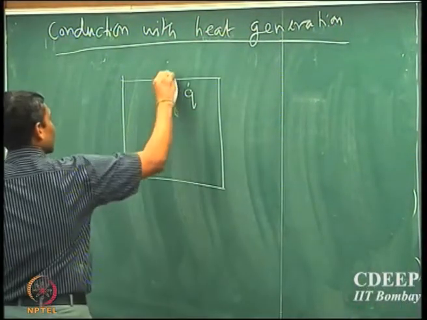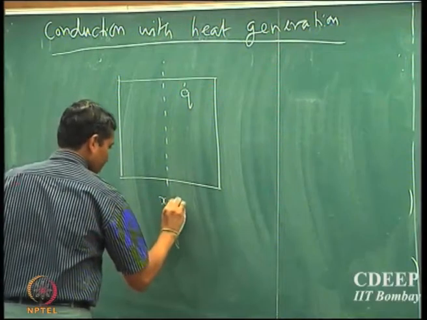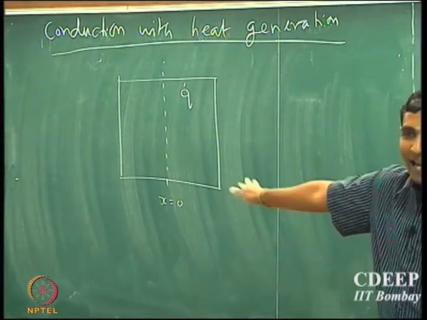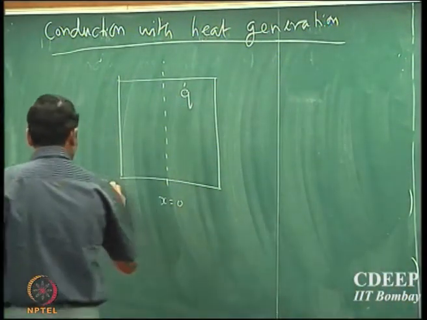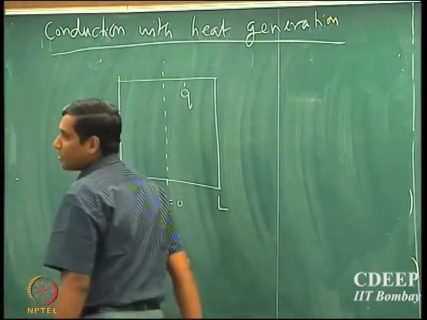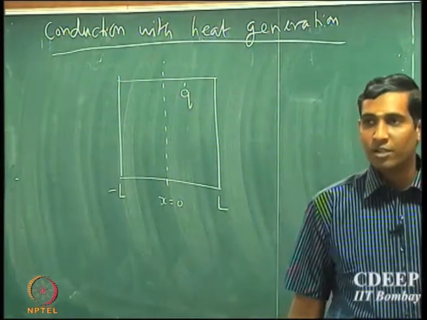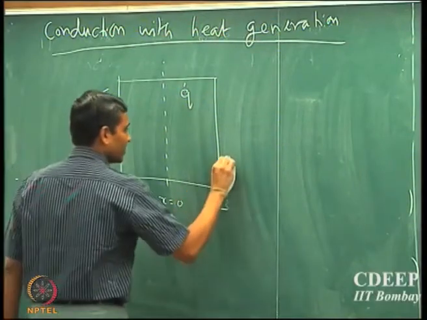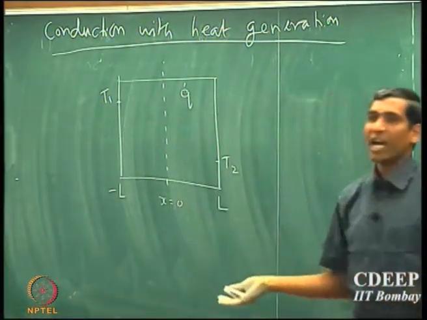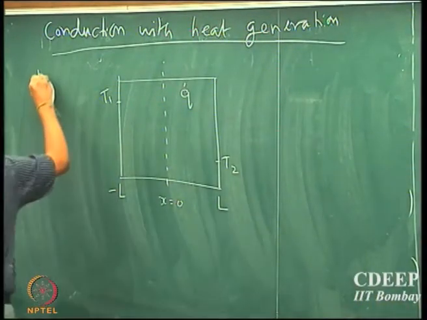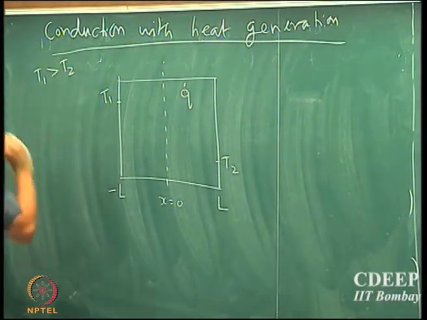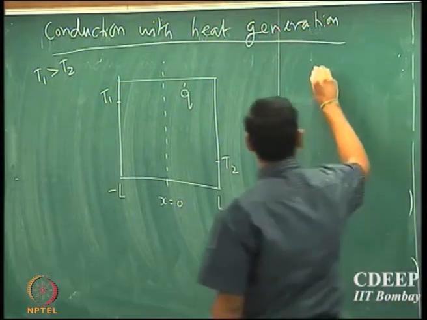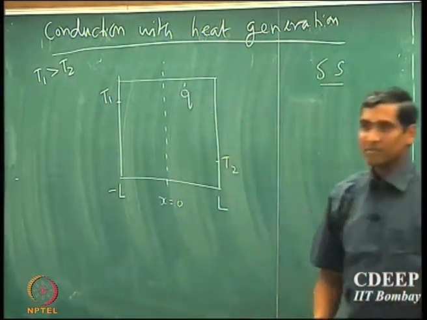Just for convenience, I define the midpoint as x equal to 0. You will see in a short while why I did that. Let us say that plus L and minus L are the coordinates for this geometry. If the temperature on one end is T1 and the other end is T2, by representation I have assumed that T1 is greater than T2. Suppose it is a steady state problem.